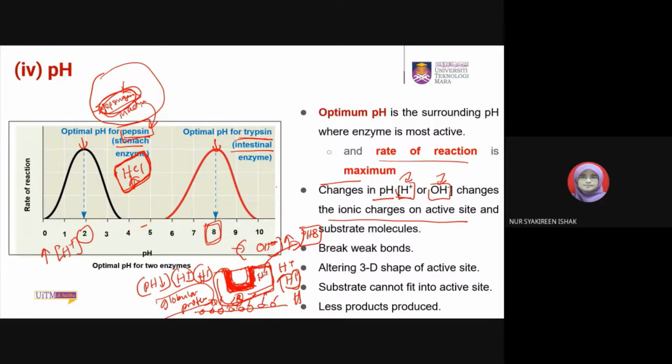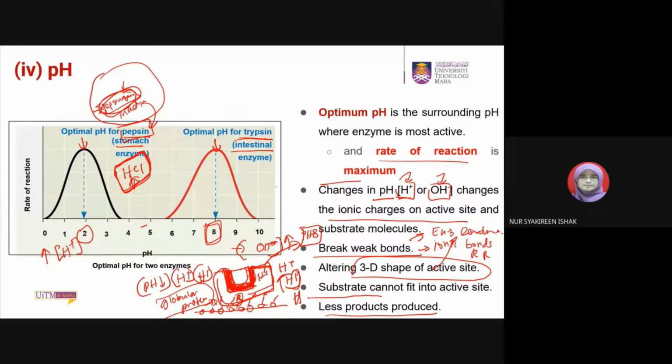It says here it breaks weak bonds, involving the ionic bonds between the side chains of amino acids in the active site breaking. This can lead to the enzyme being denatured. Altering the 3D shape of the active site means the enzyme denatures. Therefore, the substrate cannot bind to the active site and less product will be produced.